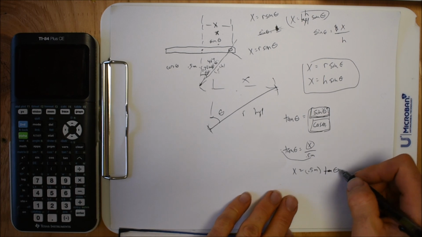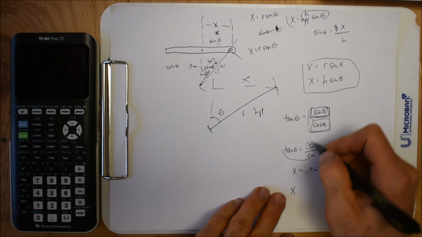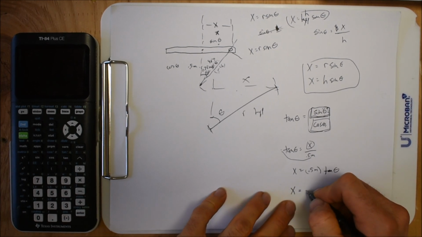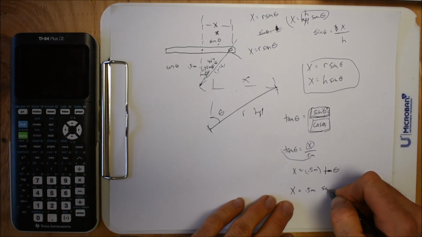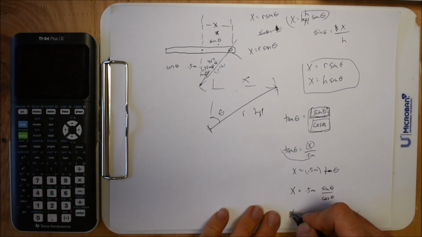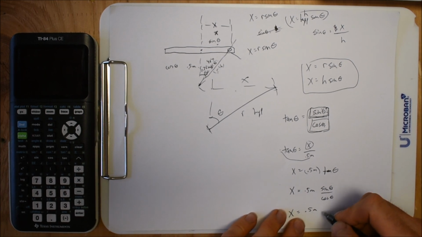So here's where you can pop this back in. Well, isn't tangent theta just sine theta over cosine theta? Yeah. So isn't this 0.5 meters sine theta over cosine theta? Sure. Well, let's do it in degrees first.